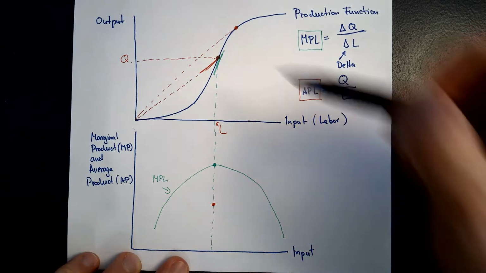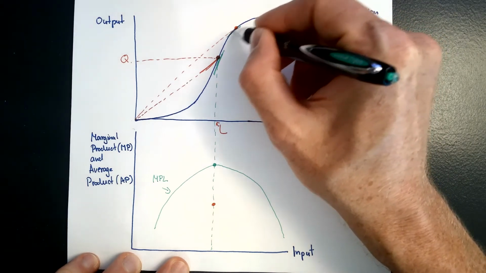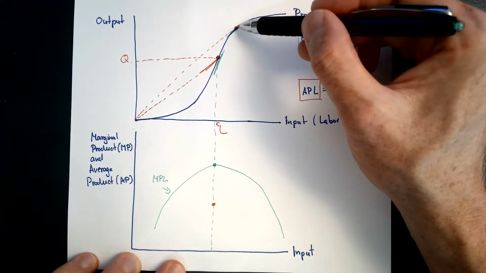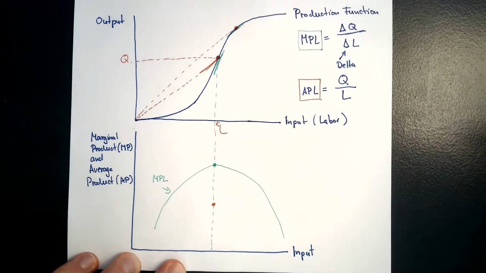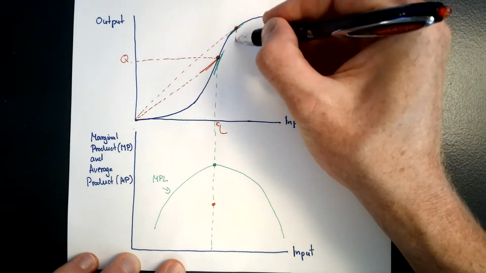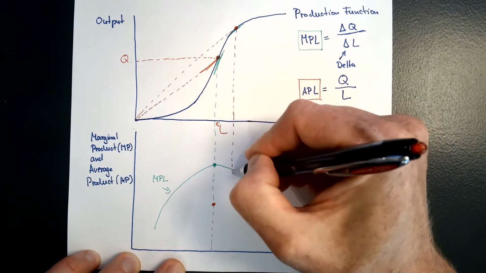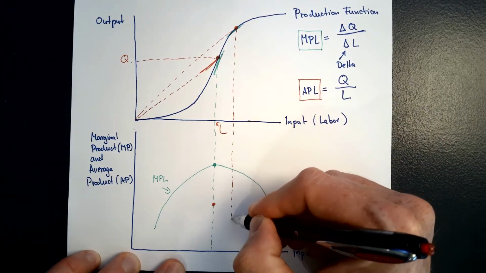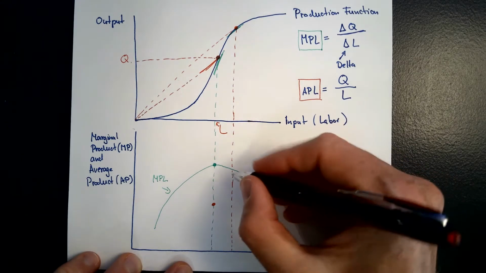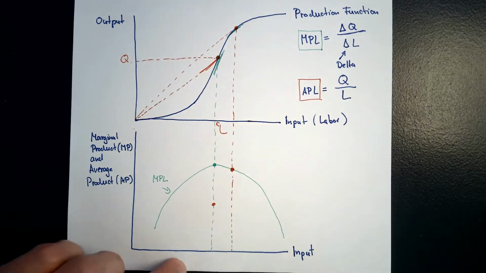Now note that for this particular point, the slope of the production function is identical. So what this means is that at this point here, the average product of labor and the marginal product of labor are identical. Okay, so hence the average product of labor is here.